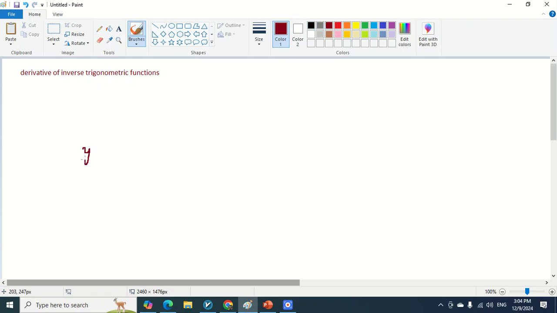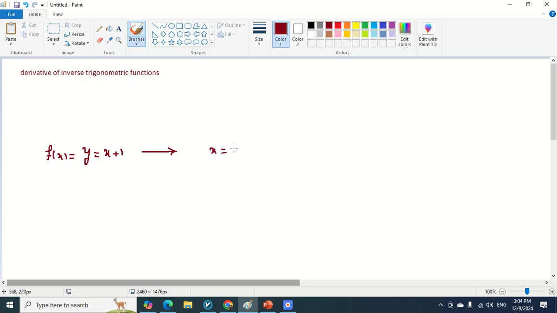For example, if y is equal to x plus 1, and I want to know the inverse of this function, f of x equal to x plus 1, I should change the place of x and y. Means that instead of the x I will write y, and instead of y I will write x.